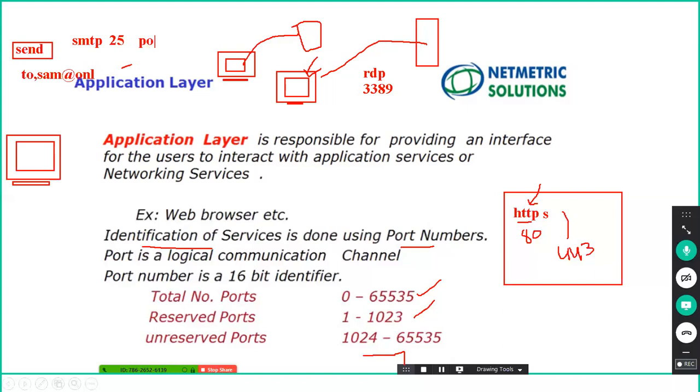Similarly, we also have POP3, which is responsible for accessing your email. You also have IMAP4. Okay. So there are some protocols we can use in your Exchange for connecting to your email. So the POP3 port number we have is 110, and IMAP4 we have 143. Okay. So every protocol has a port number.